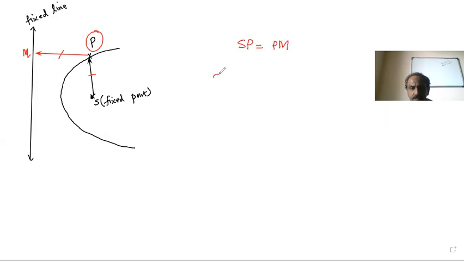Of course, what does S stand for? S stands for the fixed point. And this fixed point has got a name. The name of the fixed point is focus. And the fixed line has got a name too. The fixed line is called the directrix.